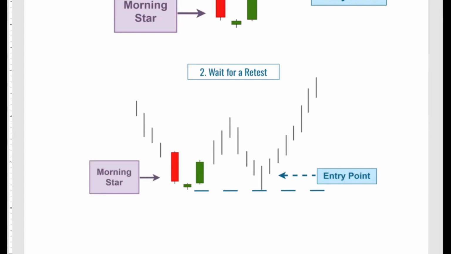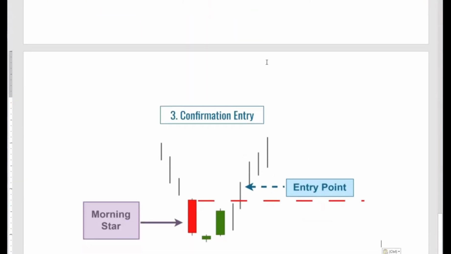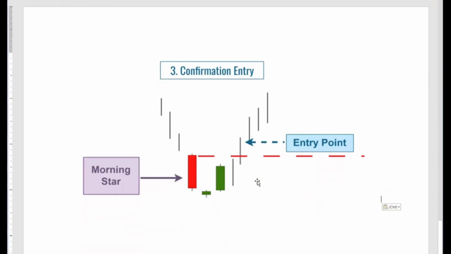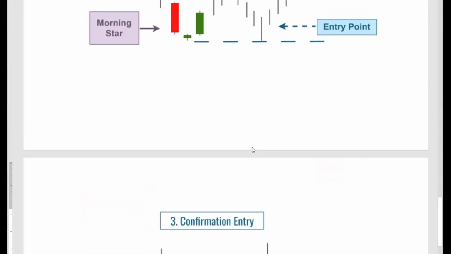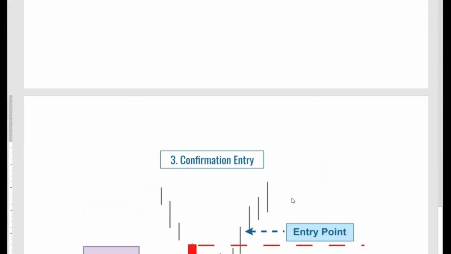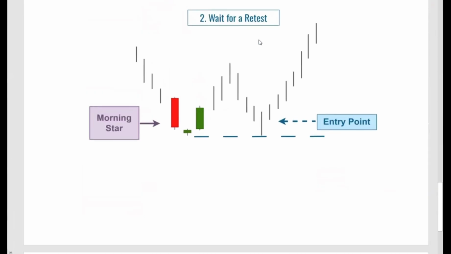And the third option to identify the entry is the confirmation entry. For this one, it's not going to take as much of your time as waiting for a retest.